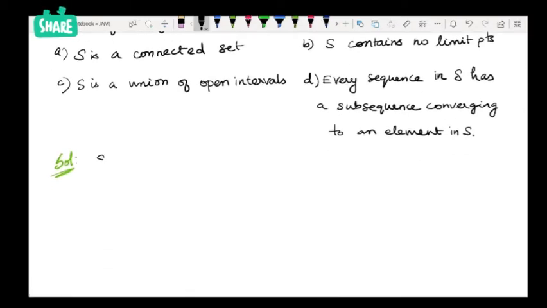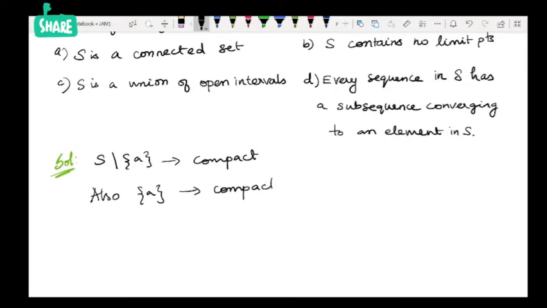So let's start with the given condition. S excluding singleton A is a compact set, but also we know that singleton A is a compact set. And why we say that? Because singleton A is a closed set as well as a bounded set.